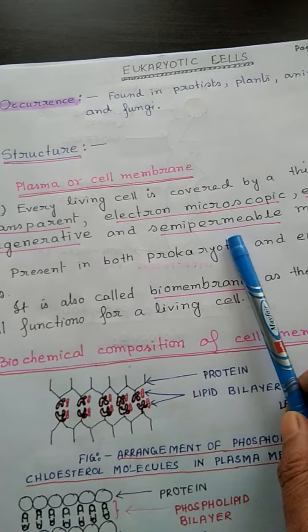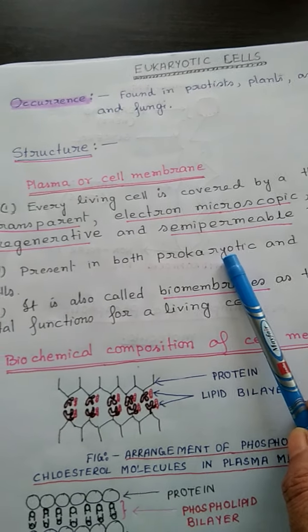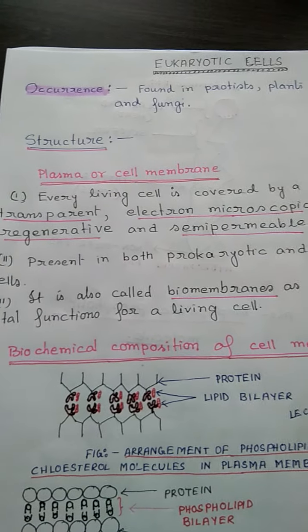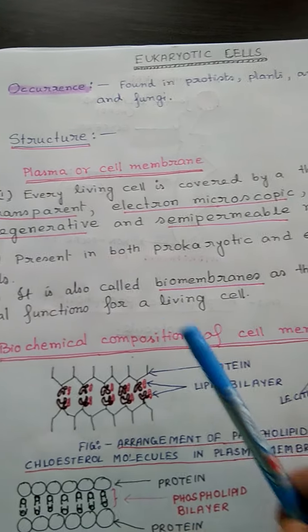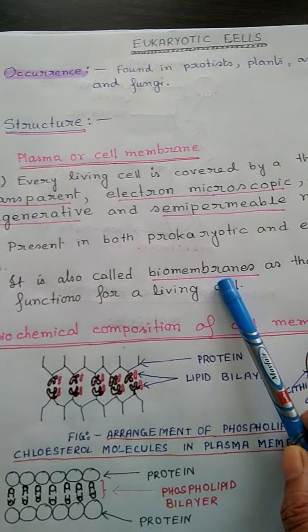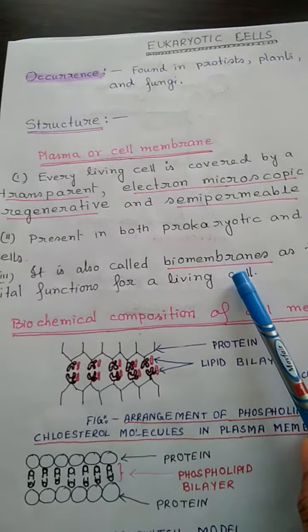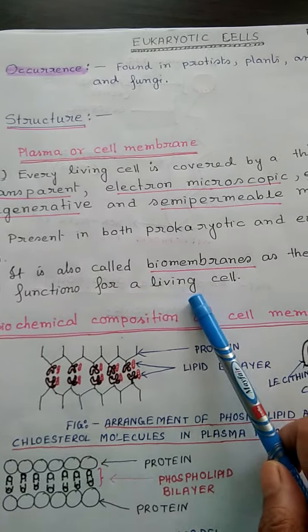The most unique character of this plasma membrane is that it is semi-permeable in nature. It is also called the biomembrane, as it plays vital functions in the living cell.